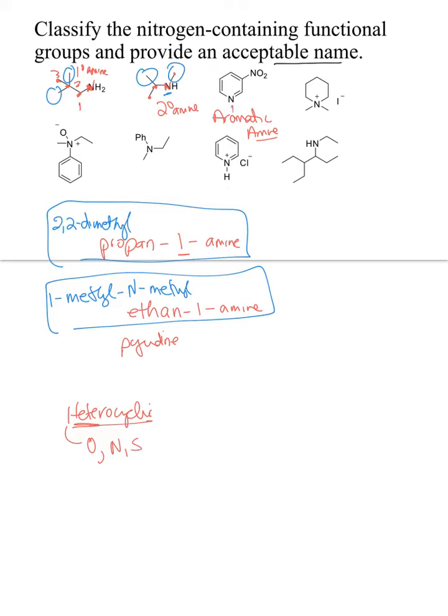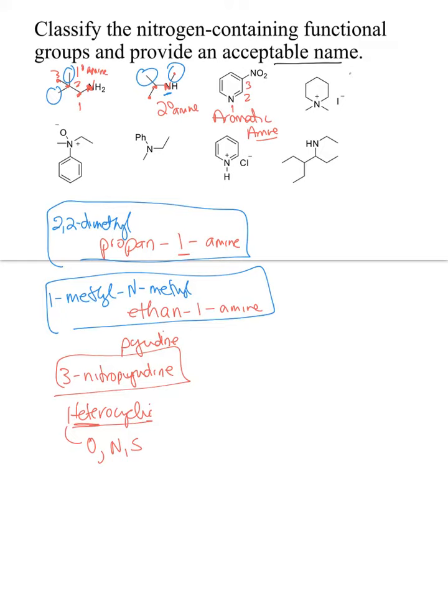Here you count 1, 2, 3, and that would be named 3-nitropyridine. That would be an acceptable name, and you can Google these to know you have an acceptable name.